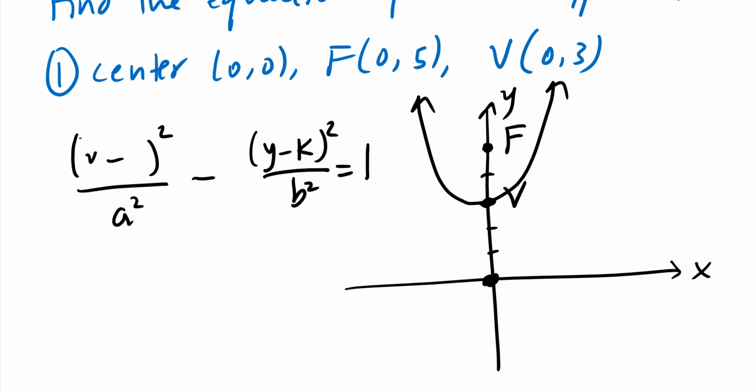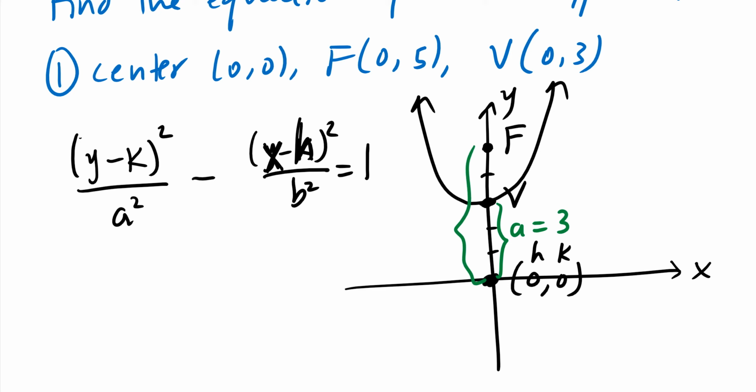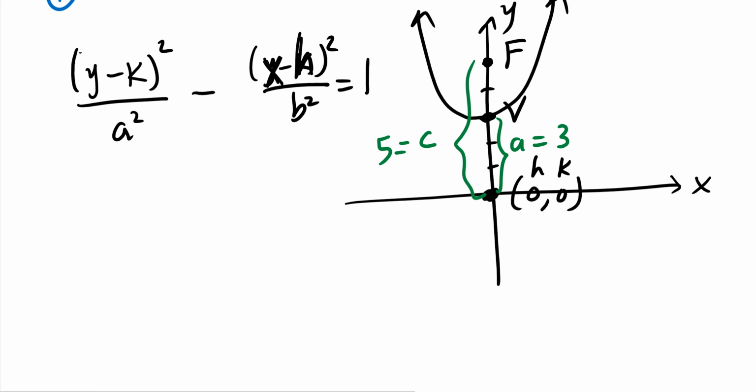So this means it must start with y. So y minus k and x minus h. h and k are 0, 0. I need a and b. a is the distance from here to here. a is 3. From the center to the focus, this is the c distance, which is 5. From these two, I'm going to find b.